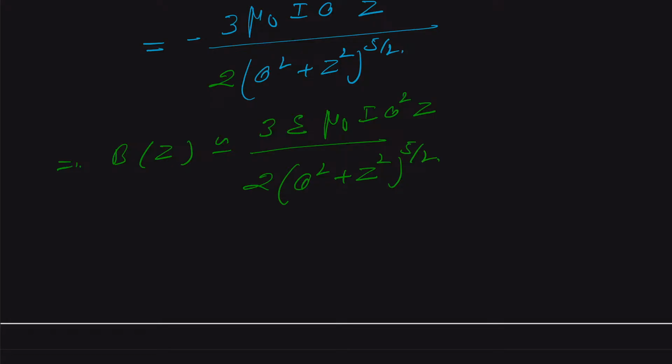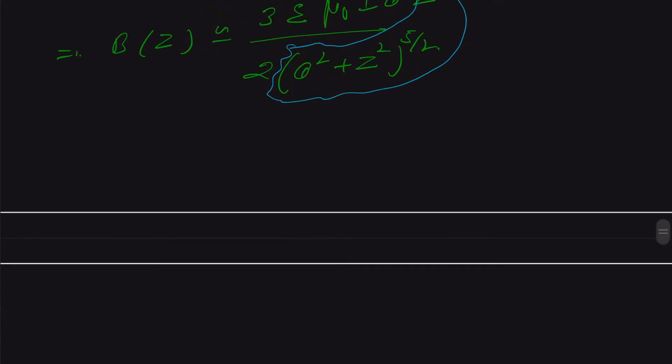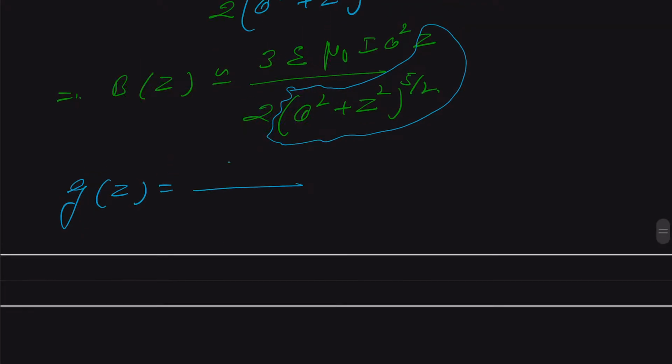Now we have to find the maximum value. Because all the rest of the parameters are constant, it will depend only on this function. So let us assume that g of z is equal to z upon (a² + z²)^(5/2).